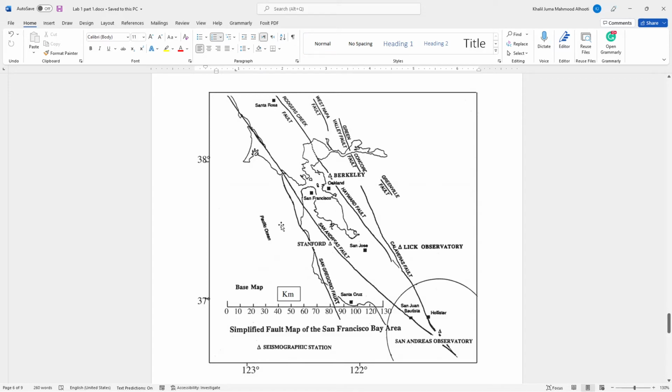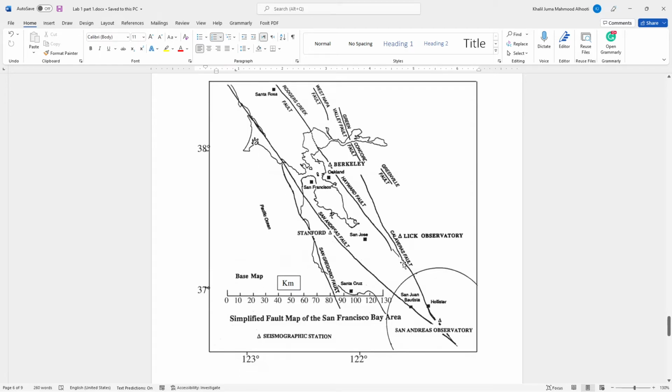We have Santa Rosa and other places, San Jose, Auckland, and that's Santa Cruz. The location of the earthquake could be anywhere. Measure the distance from this place to the earthquake and try to find how many kilometers is this value from the scale you have. That's the scale. So you get the value in kilometers.